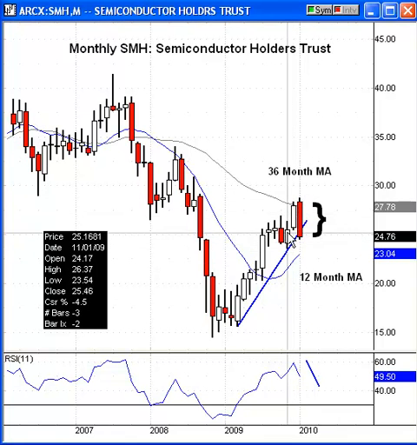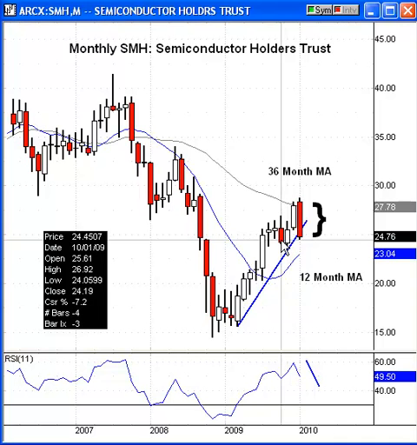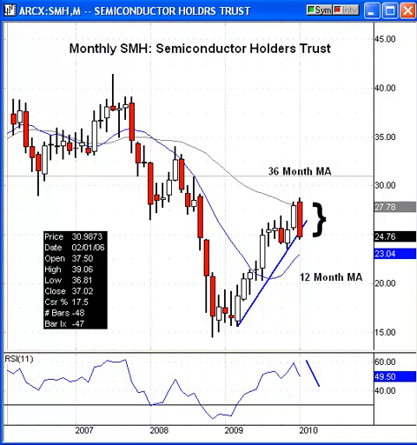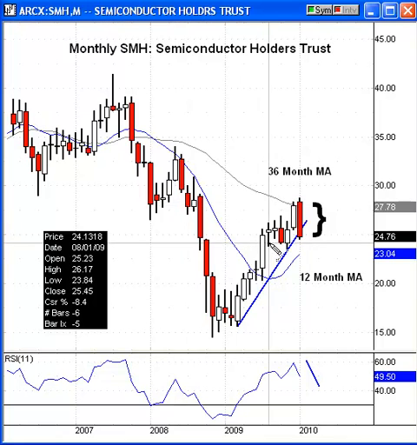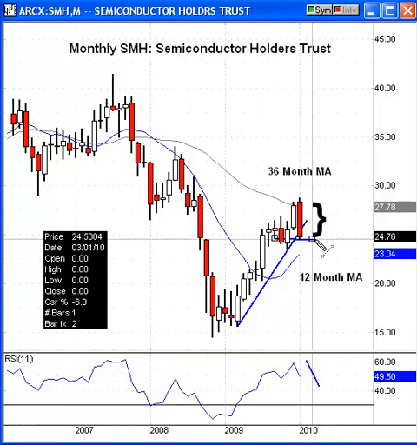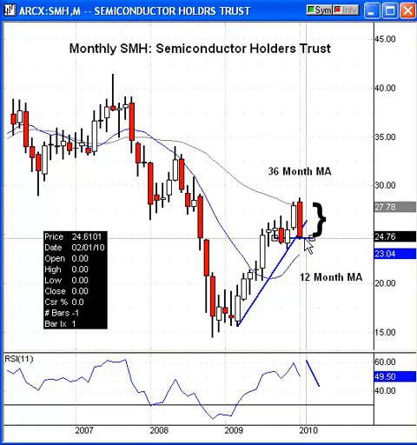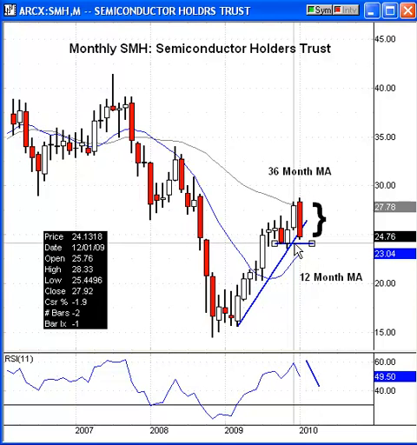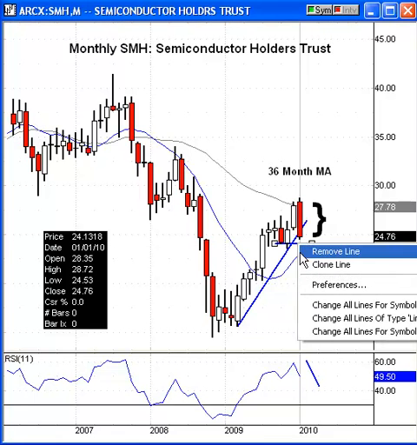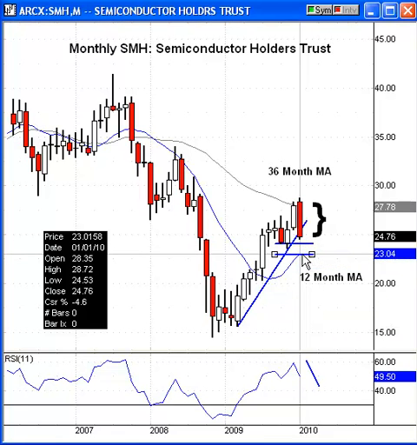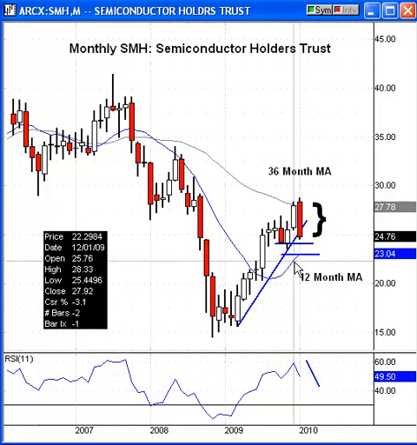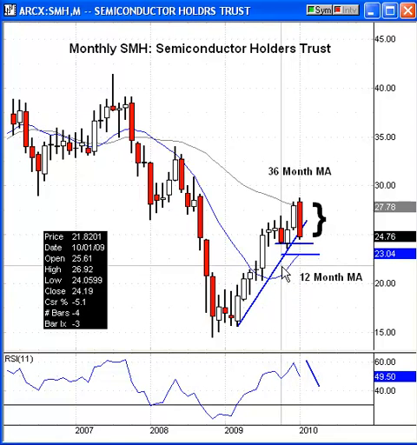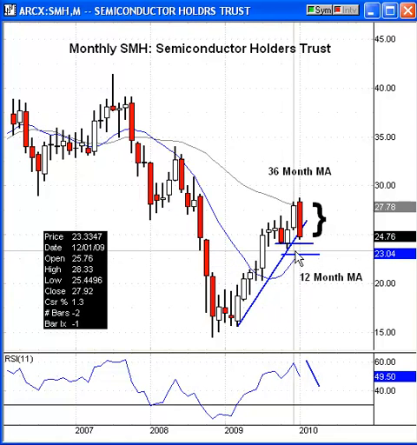Where can it go? Well, November and October provide support. So if we look for the support, I would say the support is in here. That is to say, in the 24.10 to $23 area. That $23 area is where the 12-month, 1-year moving average is rising.